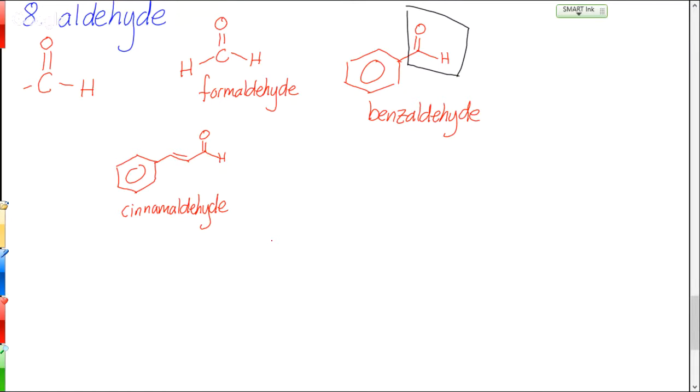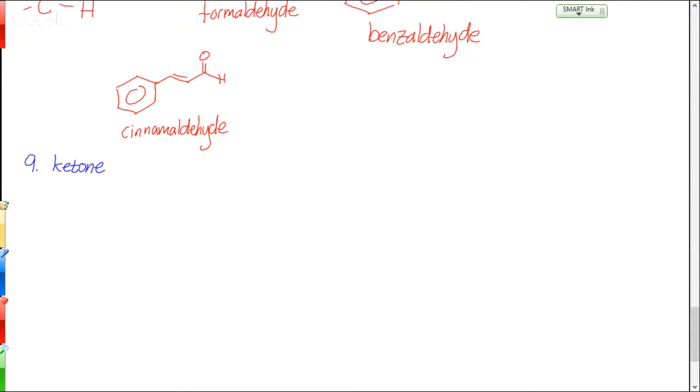And that maybe isn't interesting on its own, but one thing that we're going to use an aldehyde for is to compare it to this other functional group, which is called ketones. Ketones are similar to aldehydes, but instead of having a hydrogen, they actually have two carbons on either side. So they can be part of a larger molecule too.